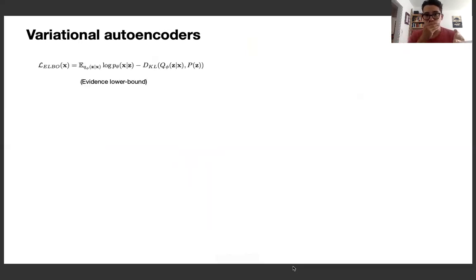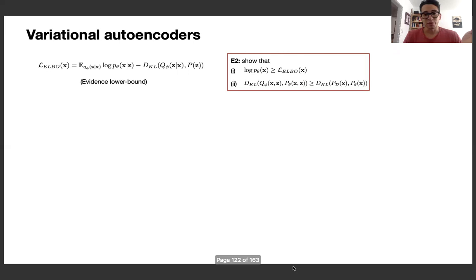Let's take another look at this ELBO. ELBO stands for evidence lower bound. What is the connection with the evidence? Why is this a lower bound at all? As I decided to derive it, I wanted to show that it comes out as a minimization of this Kullback-Leibler divergence between these two joint distributions that we defined. So what I actually want you to do is to show that this ELBO that we define here is indeed a lower bound to the evidence, or the marginal log likelihood, of our generative model.